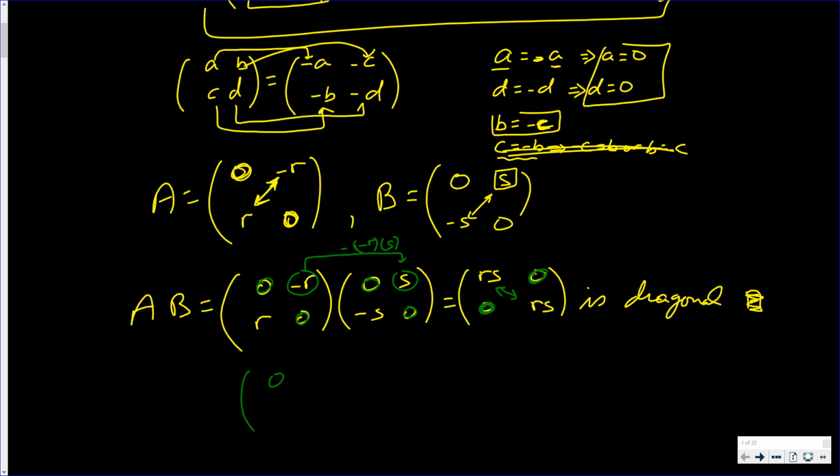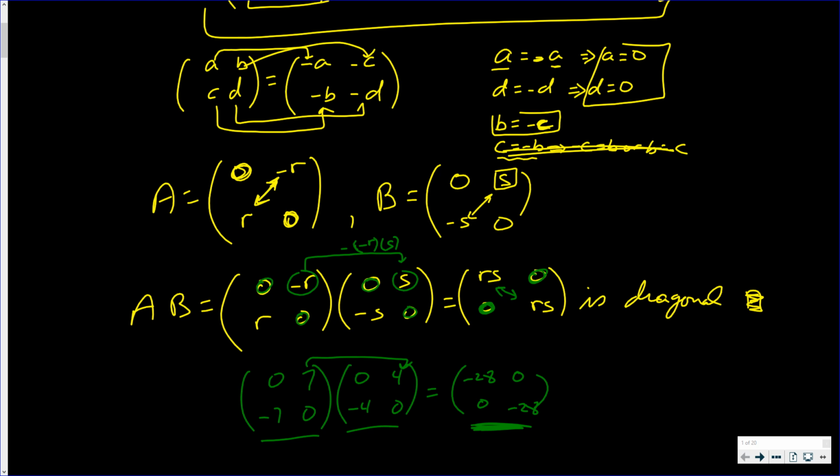So if you had [[0, 7], [-7, 0]] and you multiply this by [[0, 4], [-4, 0]], you multiply those numbers, you get 28, negate it, and on the non-main diagonal, you get zeros. If you multiply these two matrices out, you will see that that's the diagonal matrix that you get.